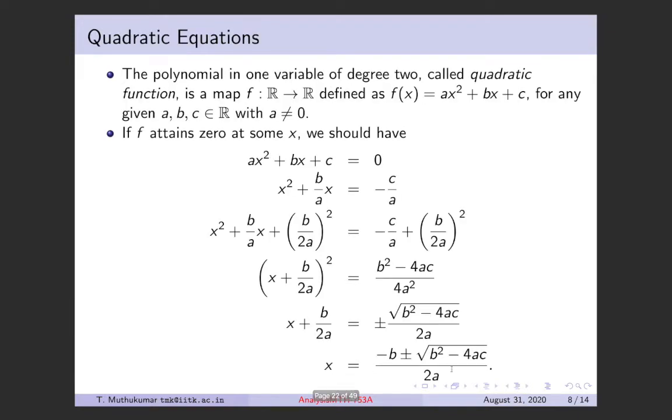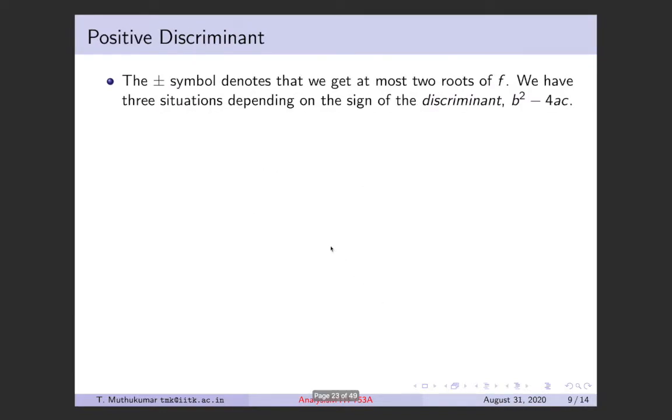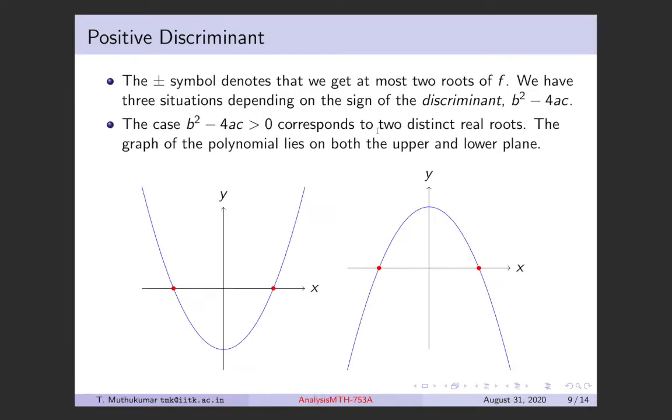So there are three situations depending on the sign of this b squared minus 4ac, which is called the discriminant, right? So depending on the sign, what happens? When this b squared minus 4ac is positive, we have exactly two distinct real roots, because this corresponds to the situation where these quadratic functions intersect the x-axis at precisely 2 points.